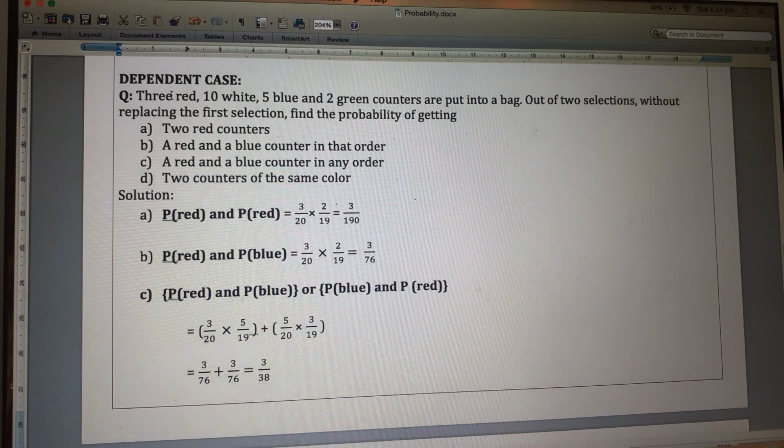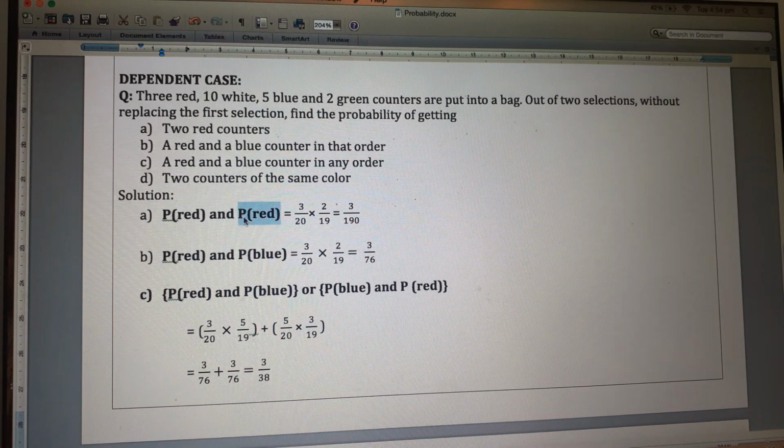And how many red counters are there? 3. So when I will be going for my first selection, I will be having 3 red counters and total counters in the bag will be 20. So my probability in first selection will be 3 out of 20.